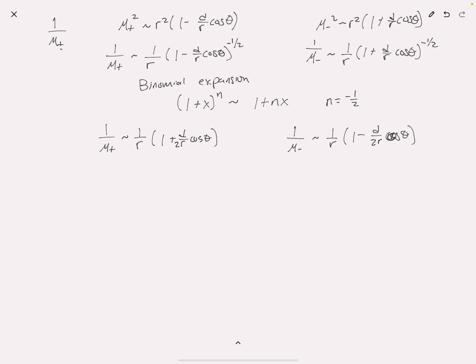So now I can rewrite the full expression for my potential at a point r.